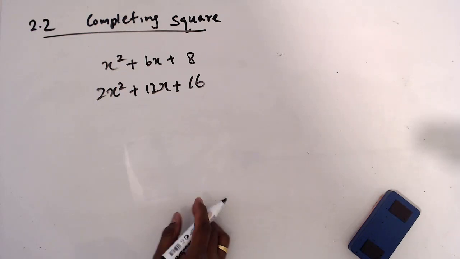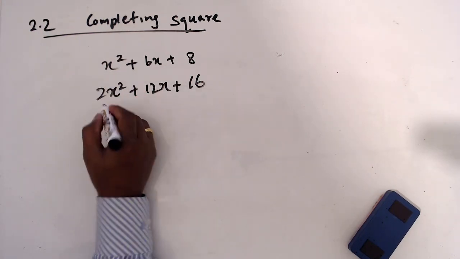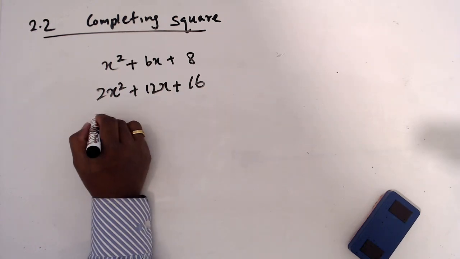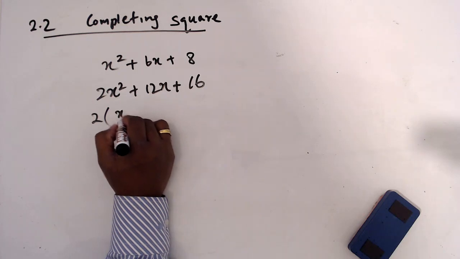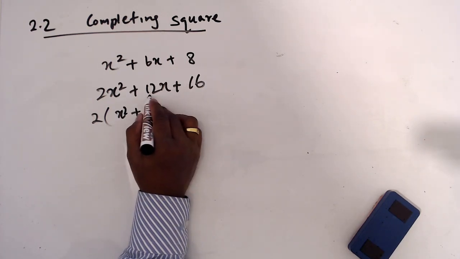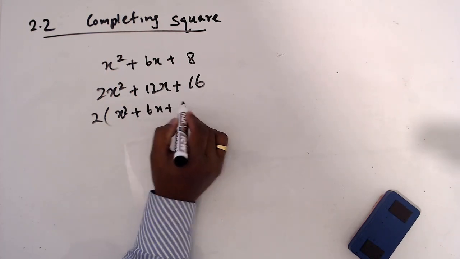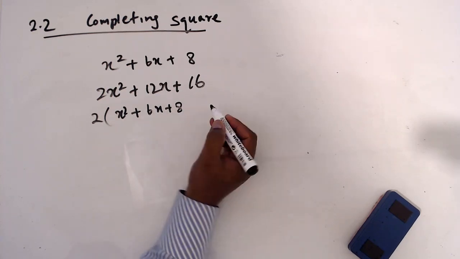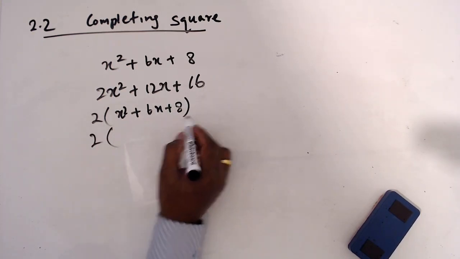In this case, you want to make this x square coefficient 1. So then what you could do, you have to take this 2 out. So when you take 2 out, x square plus 6x plus 8, then 2. Then you know what to do.